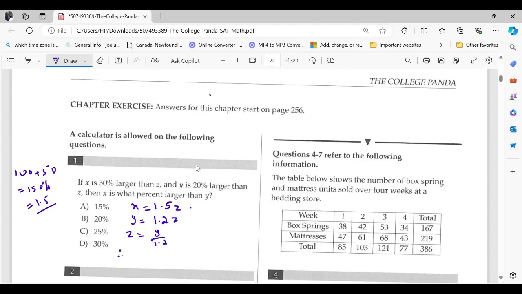So we can now go to the first one and say S is 1.5, then instead of Z, we put Y over 1.2 here.